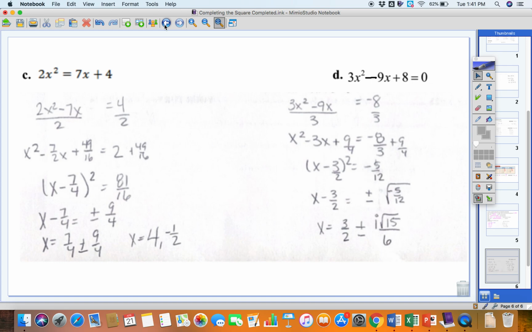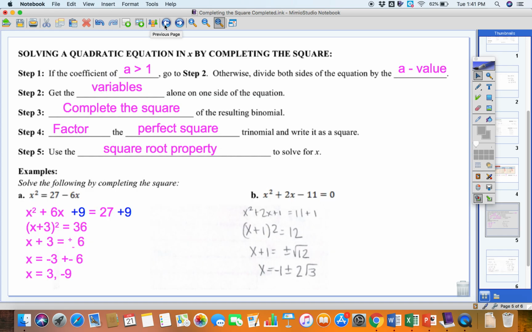But something else I did want to show you is that when you've completed the square, it can put things into vertex form. So here, if we look at this first example, I'm going to look right here at the x plus 3 squared equals 36.